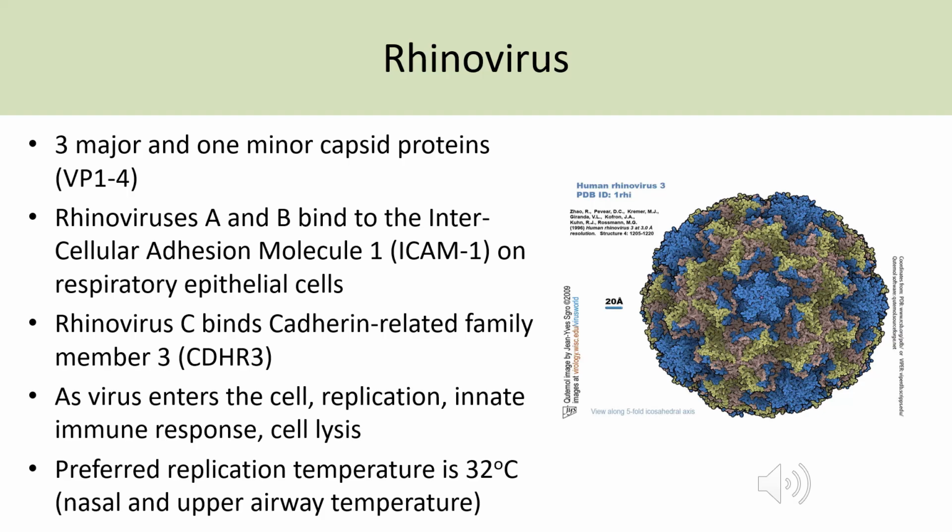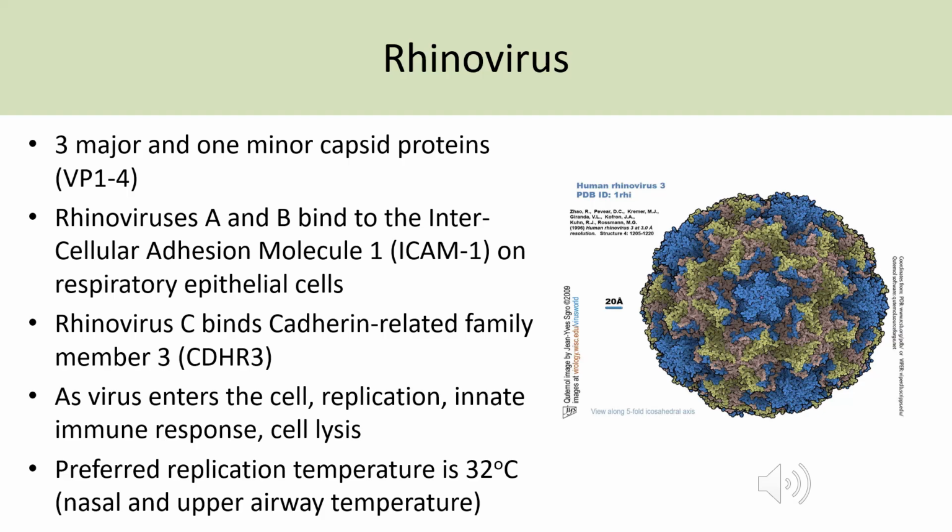After the virus enters the cell, the innate immune system, of course, responds to the attempts of the virus to replicate, but usually this is a failed attempt and the virus continues to make more virus and to replicate and then cause cell lysis and release of the virus from the inside of the cell.